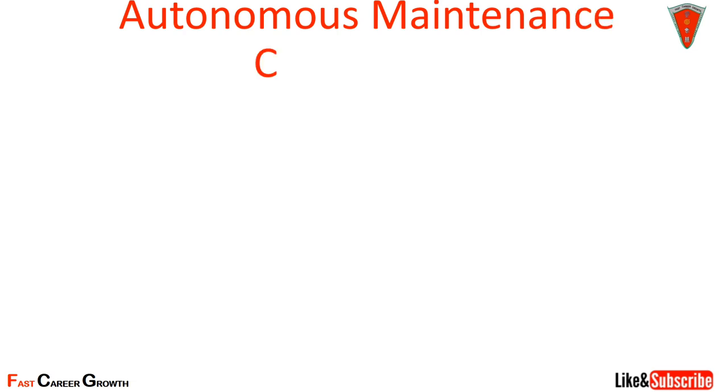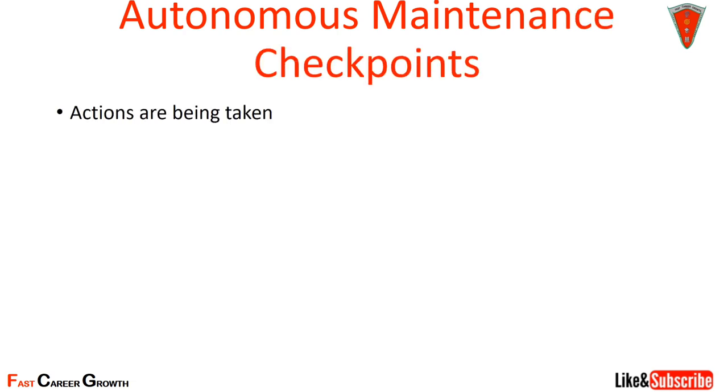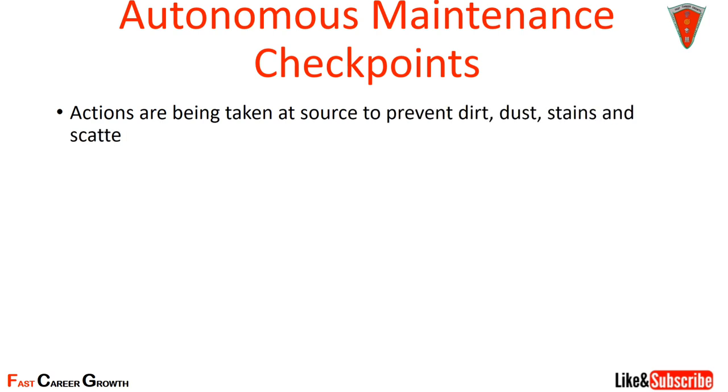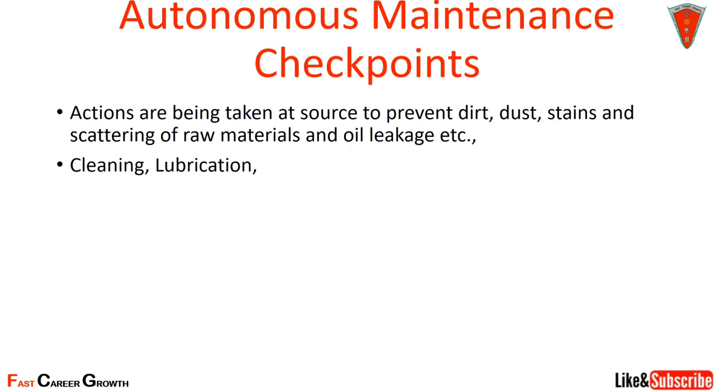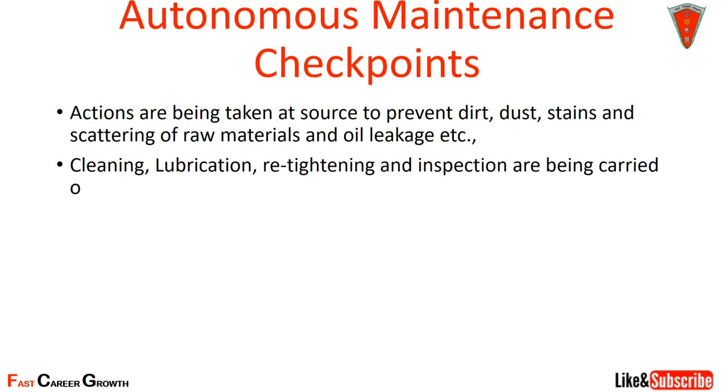Other checkpoints: actions are being taken at source to prevent dirt, dust, stains, scattering of raw materials, and oil leakage. Cleaning, lubrication, retightening, and inspections are being carried out precisely as specified, as a routine.